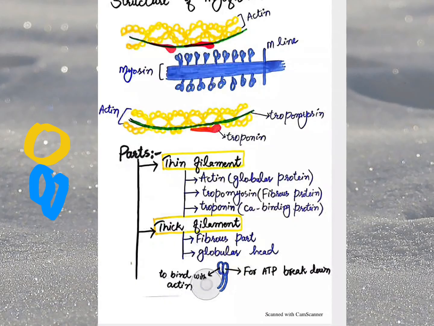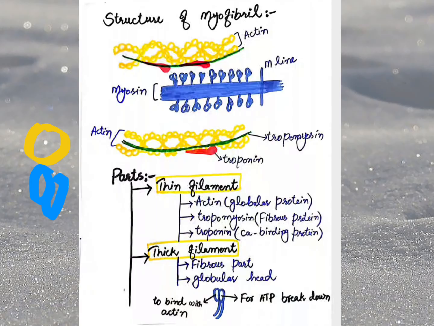One of its regions will bind to the actin, while its other part has ATPase enzyme, and ATPase enzyme will hydrolyze the ATP so that the energy needs can be fulfilled and there could be the contraction of muscle. So this is all about the structure of myofibril.